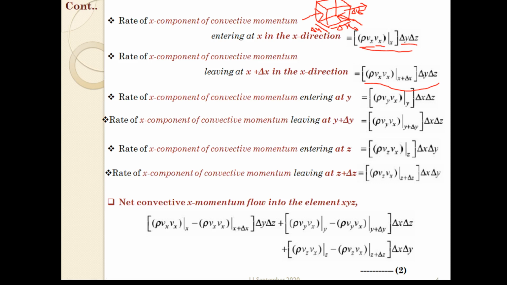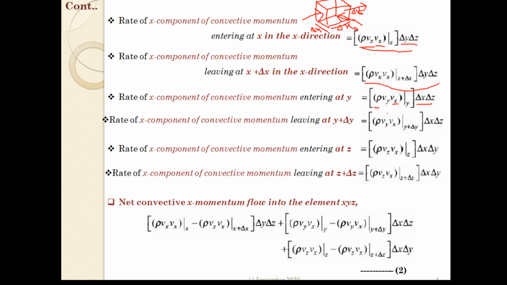So the mass is del x del z into rho into Vy. This is the mass. Now if we multiply it with the velocity Vx again, we have the momentum.